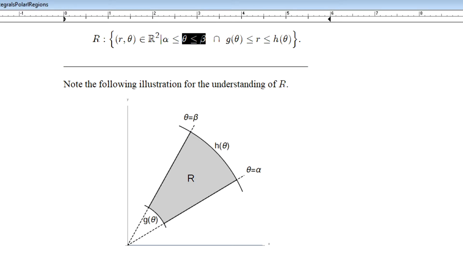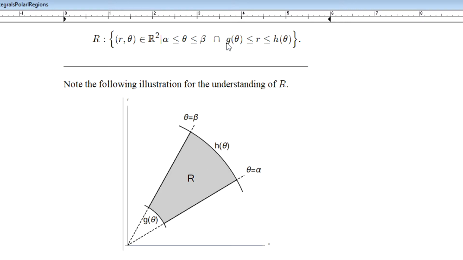Beta is the angle measurement formed between this radial arm passing through the origin of our two-dimensional system and the positive x-axis, seen here in our illustration. R, this polar region, forms between theta equal to alpha up to where theta equals beta.